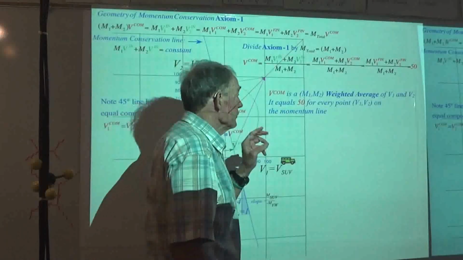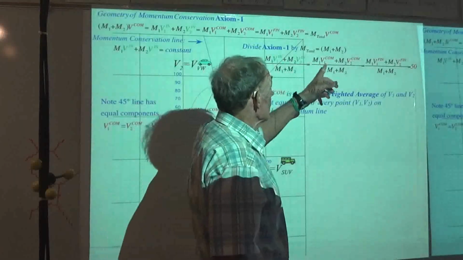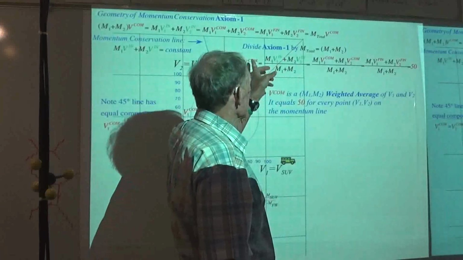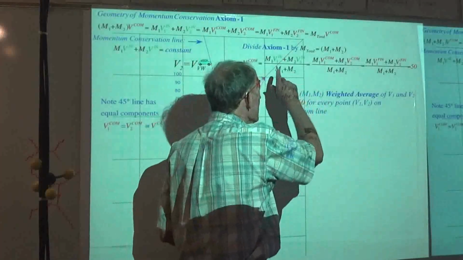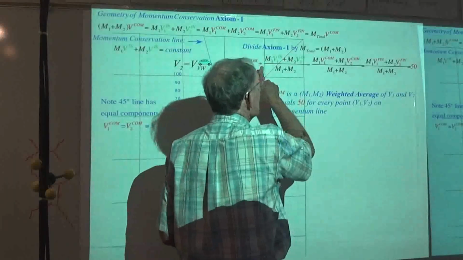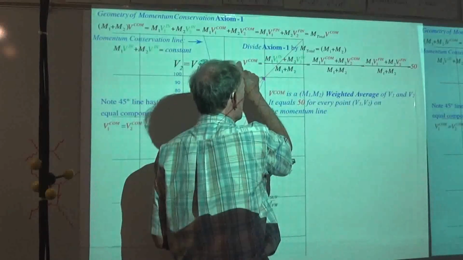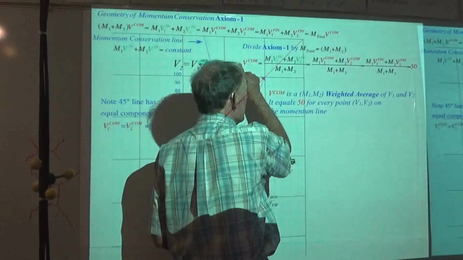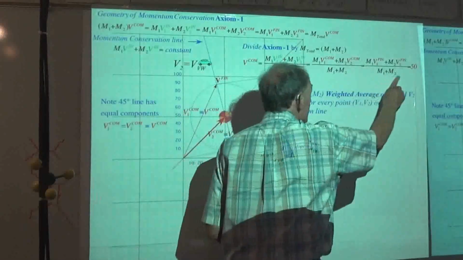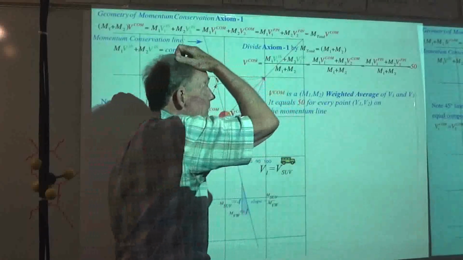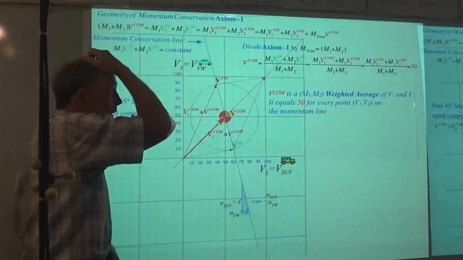Okay, so when you take the conservation of momentum equation and have the total mass multiplying it, that's the momentum of the whole thing, and divide that into each of these, you get expressions for weighted averages.